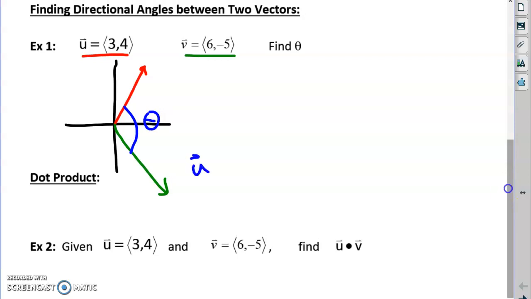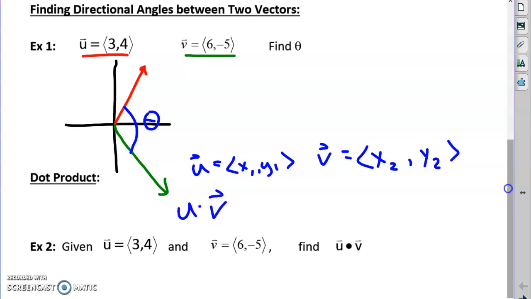If I'm given two vectors, u, which is x1, y1, and v, which is x2, y2, the dot product, u dot v, equals x1 times x2 plus y1 times y2. So we're going to end up with a single numeric value.